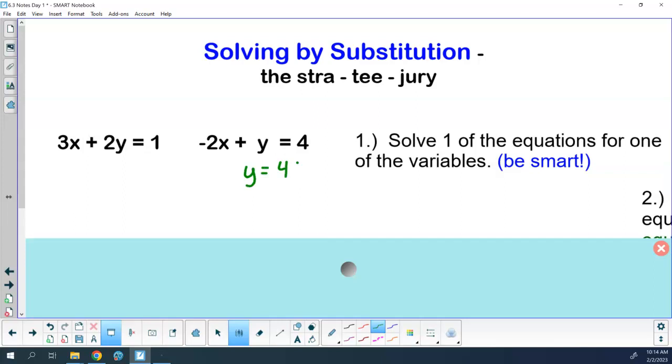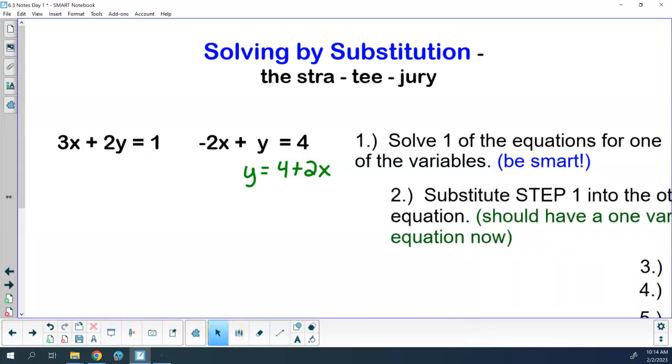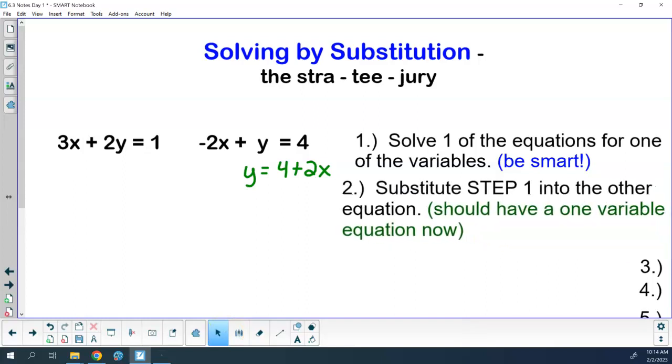Love it. Okay? If I wanted to write it as y equals 2x plus 4, same thing. Okay? So that's step number 1. Step number 2 then says, here's where the substitute part comes in.